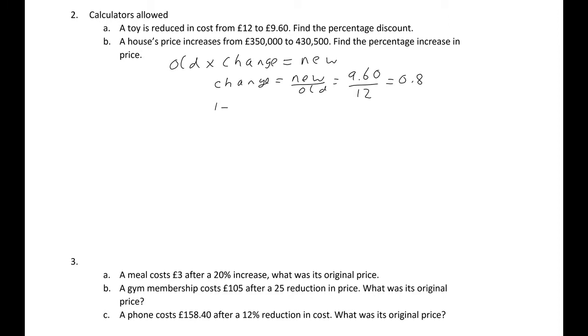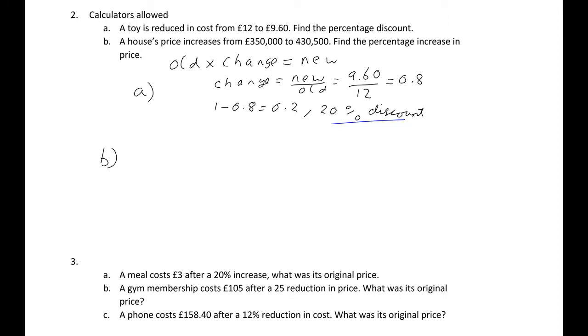So we do 1 minus 0.8, and that equals 0.2. So that is a 20% discount. You see that is 20% less than 1. If you look here, that is 0.2 less than 1, was 20% less. And that was A.